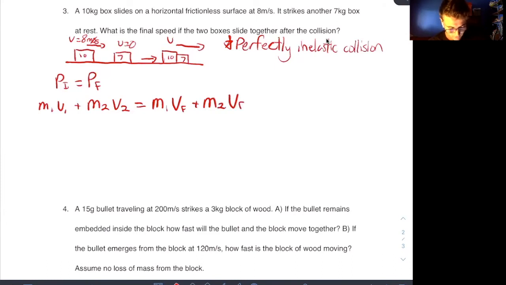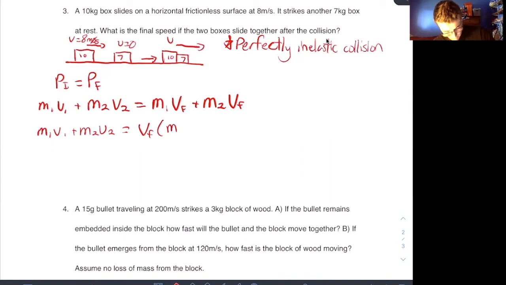So these two velocities are going to be equal. Because of that, we can do some math. Factor out the final velocity, and all of a sudden we have mass 1 plus mass 2. Now we have one unknown variable.